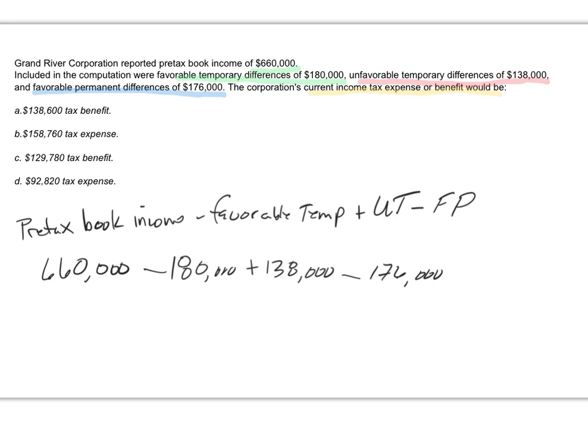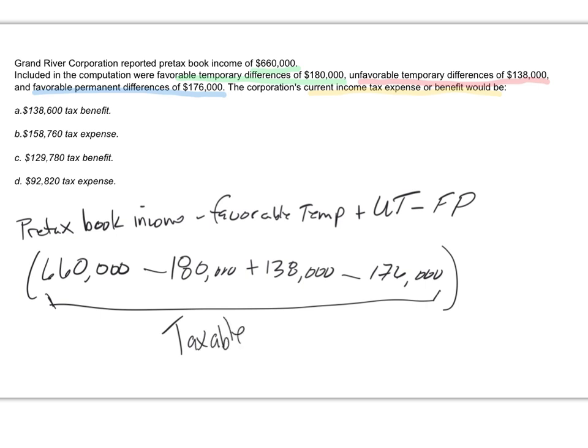Now we need to compute our current income tax expense or benefit. We multiply the result of that, which gives us our taxable income, times 21%.